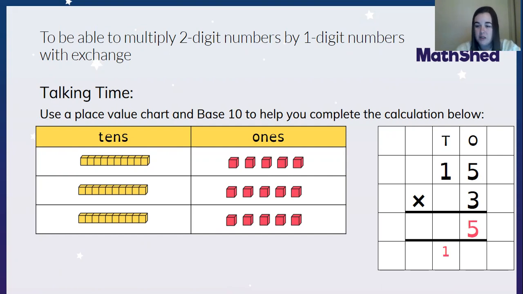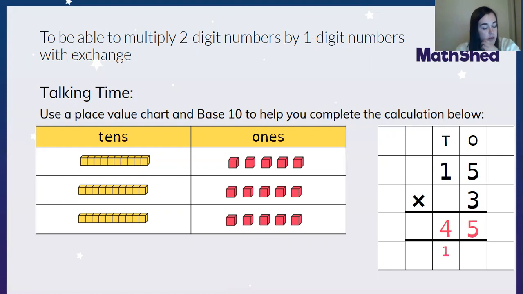But we can't write 2 numbers in one column. So we're going to put the 5 in the ones column and we're going to put the 1 underneath, and we're going to add that on once we've multiplied the 10s. Then we've got 10 times 3, or 1 times 3, which is 3, but we need to add that 1 on from underneath, so it's going to be 4. So our answer is 45.